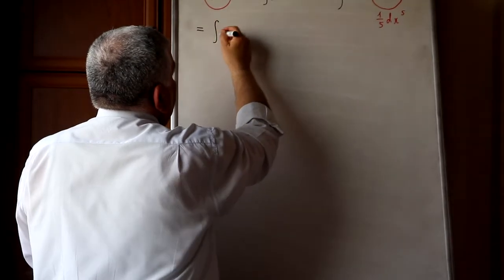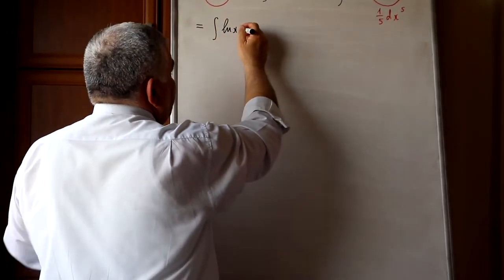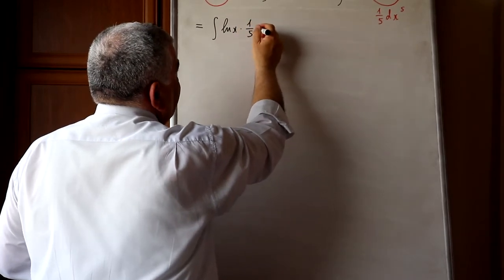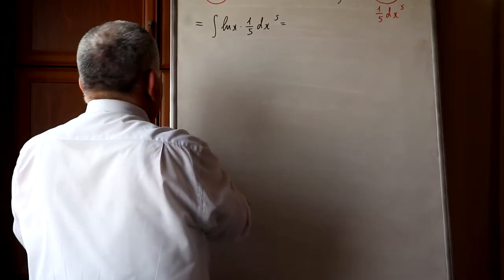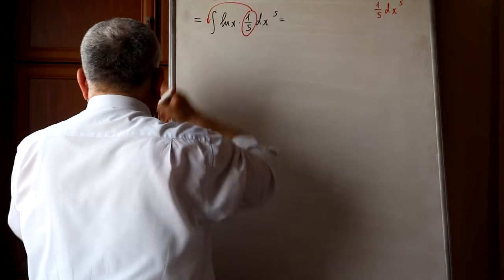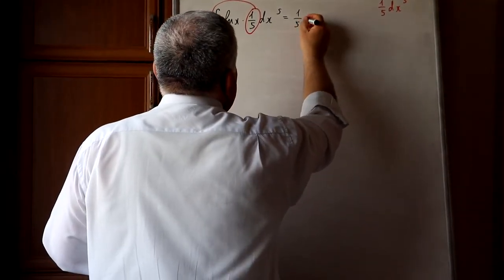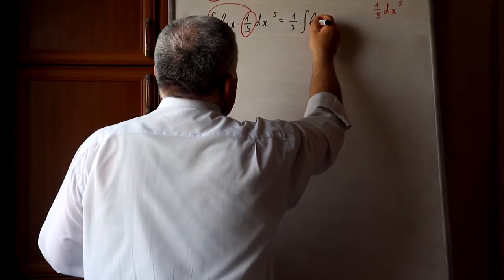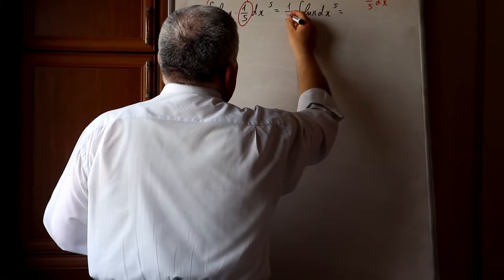Rewrite natural logarithm of x multiplied by 1/5 d x to 5. Then take 1/5 out of the integral symbol: 1/5 integral natural log of x d x to 5.